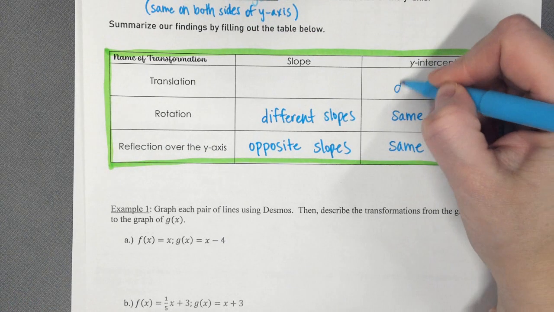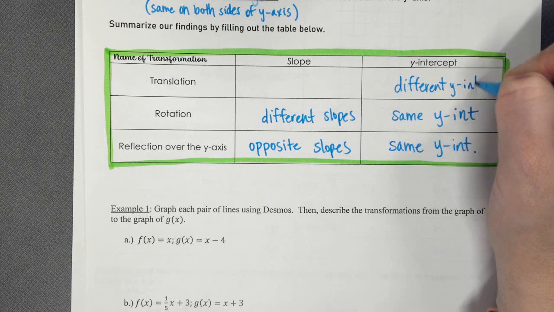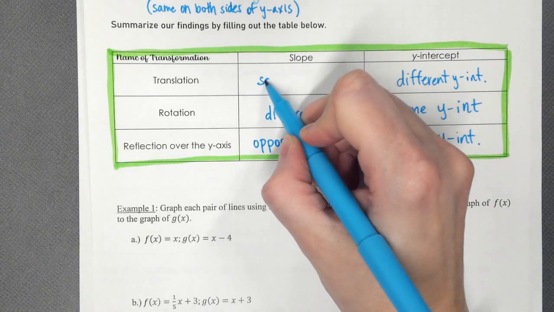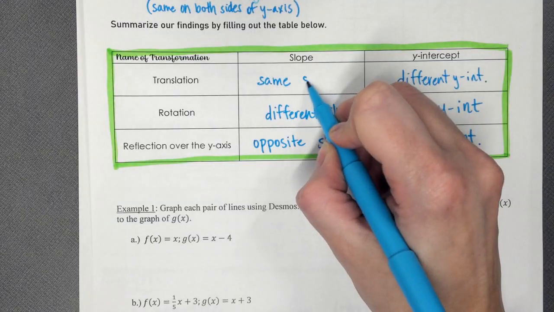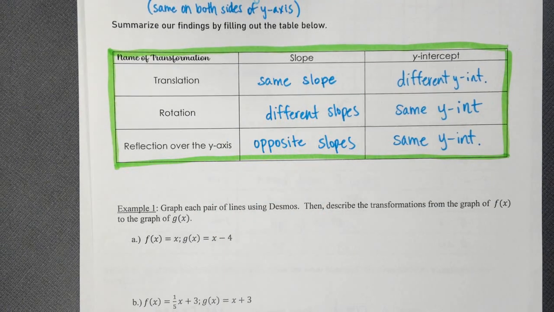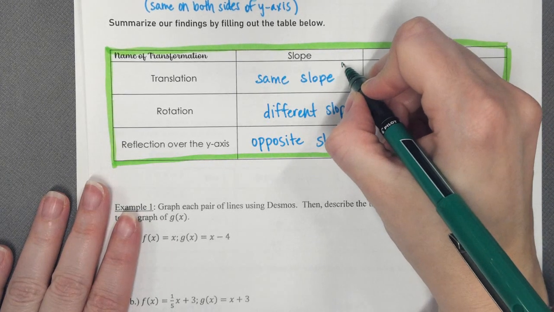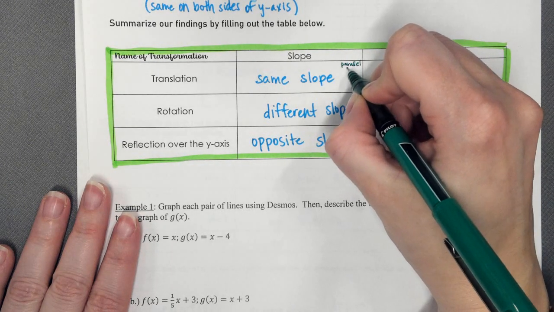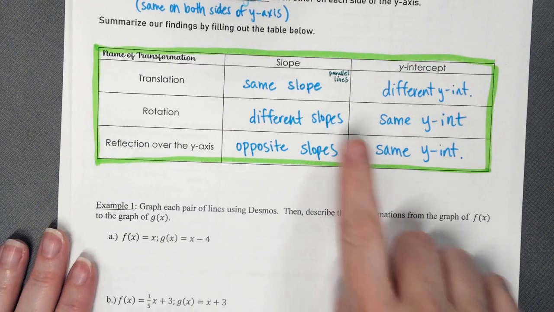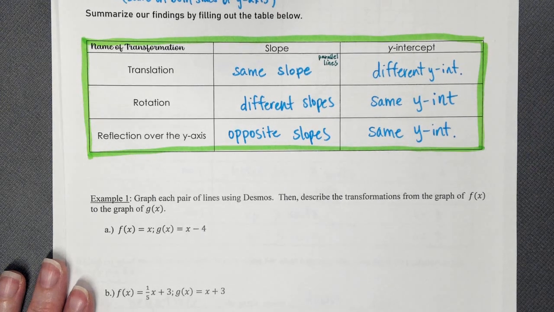So the y-intercept is different, but you have the same slope. That means that if it's a translation, what do we know about the lines? They have the same slope, they're what? Parallel. So if you have a translation, you have parallel lines.